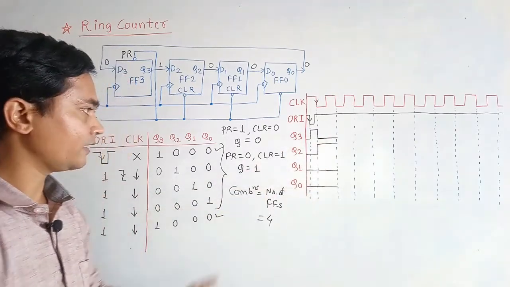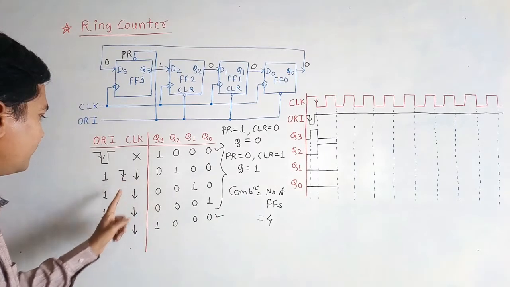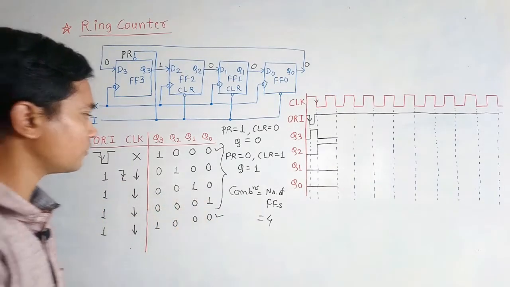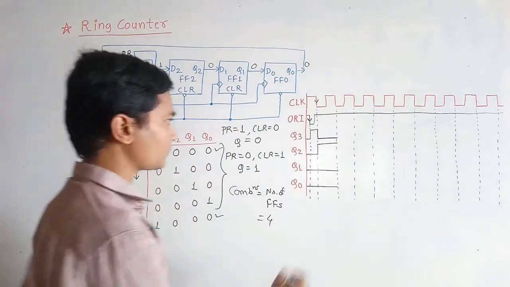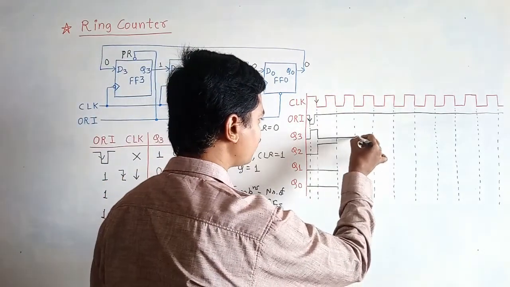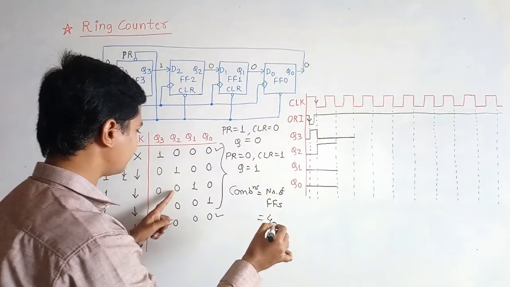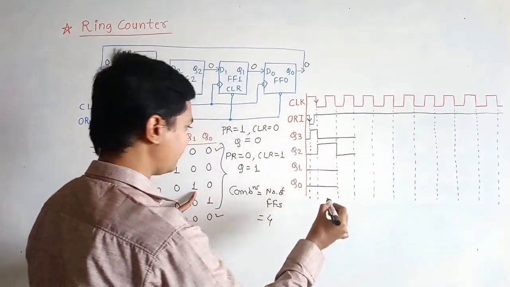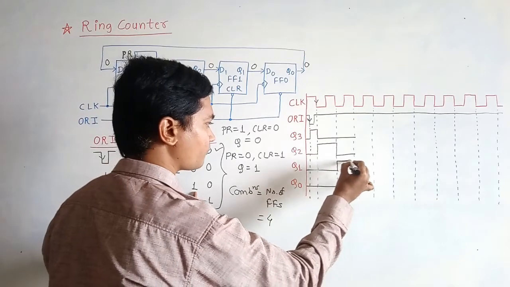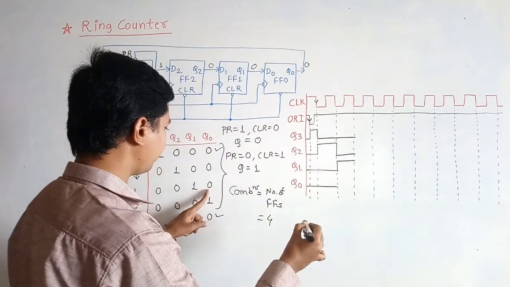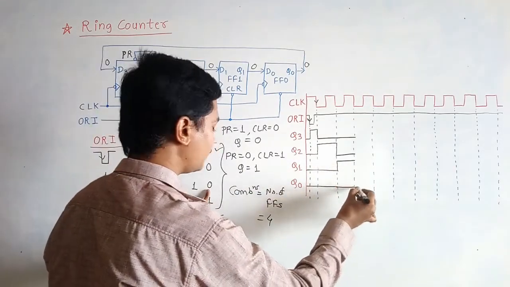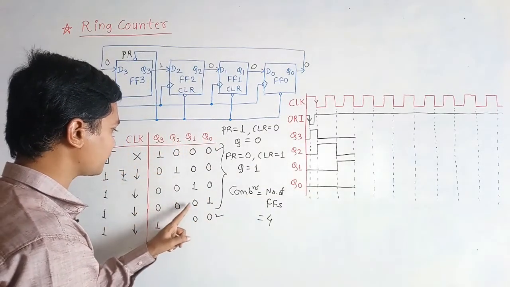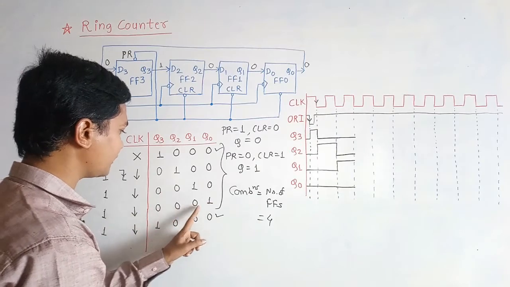Now when the next clock is applied, here during this time 0 0 1 0, so Q3 will be 0, Q2 will be 0, Q1 will be 1, and Q0 will be 0. And for the next clock pulse, Q3, Q2, Q1 and Q0 will be 0 0 0 1.